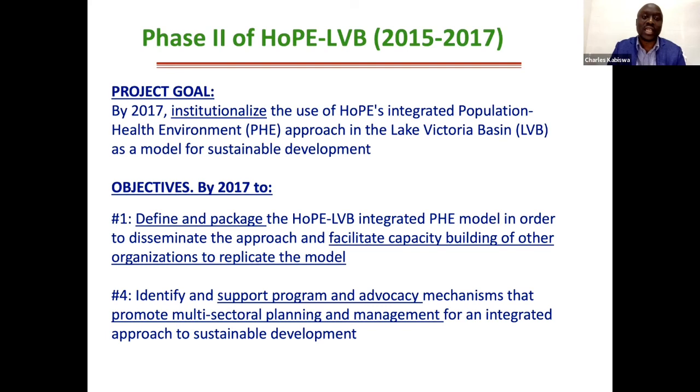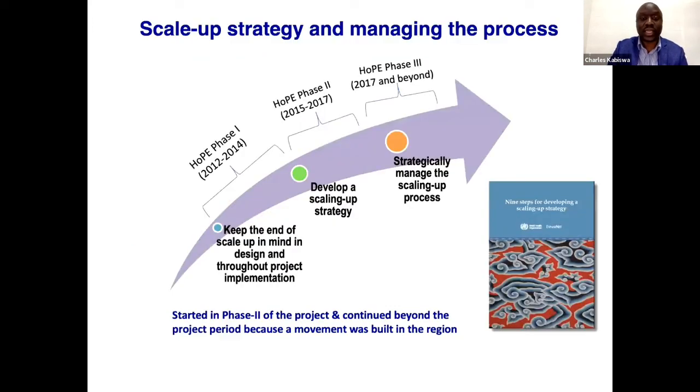This again reflects or focuses us back that we are still on the road to scale up. So it was very important that all this guidance came through developing the scale up strategy.